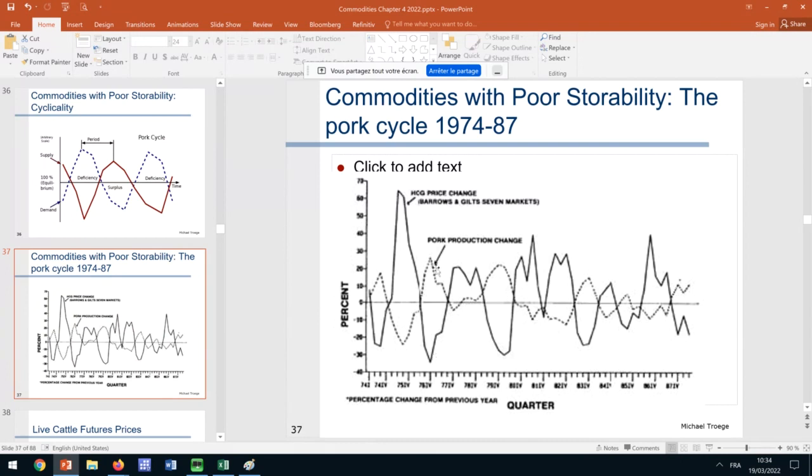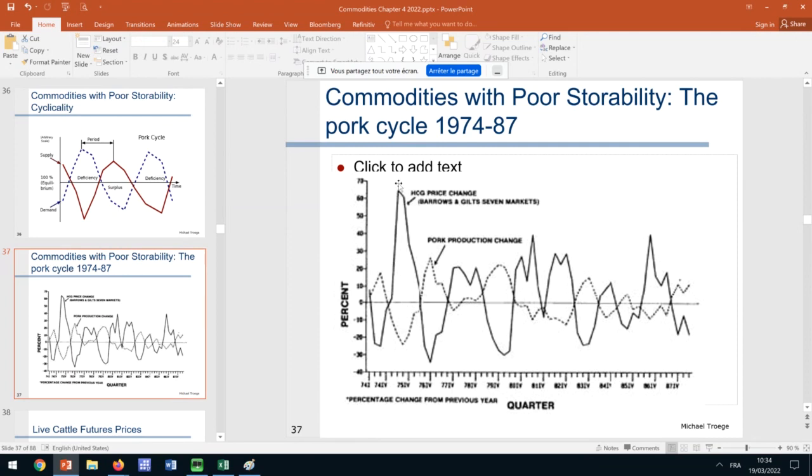Then farmers start to take pigs away, and you have the same cycle that goes on again. So it's pretty obvious here that you have a very clear negative relationship between the pork production and the prices, because there is this production delay.